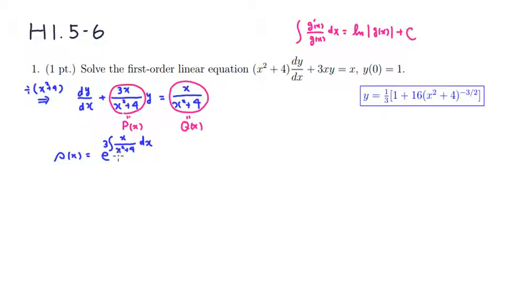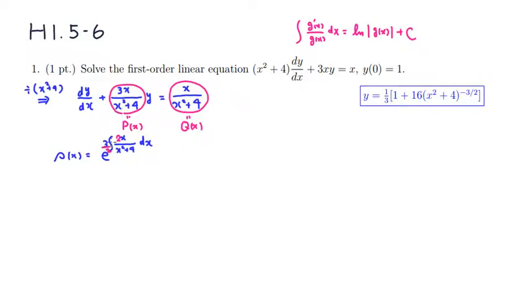If you look at x squared plus 4 as g of x, its derivative is 2x. So we have x, we don't have 2. So I'm going to multiply by 2 and divide by 2. Actually, I have to put 2.